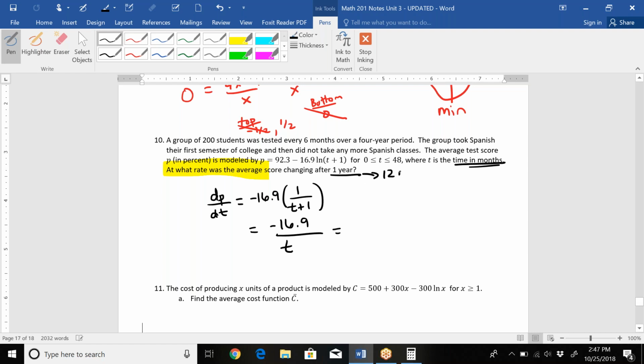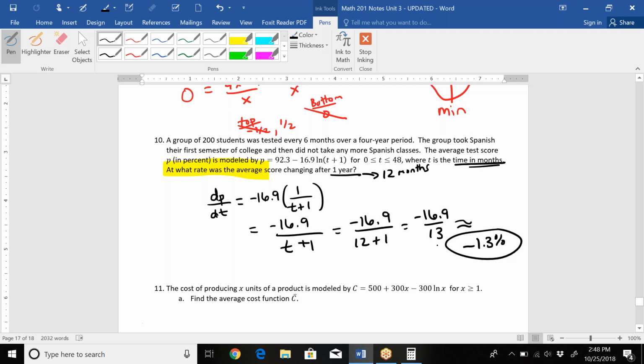So this is 12 months. Sorry, we are plugging in 12. So t plus 1, and we're plugging in 12 months. So 12 plus 1 is 13. And that reduces down to a negative 1.3%. So after 1 year, every time you move another month forward, from that specific point, if you go to month 13, then they're going to lose another 1.3% of the knowledge.